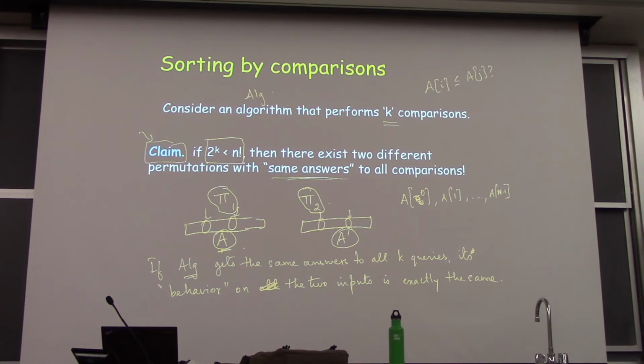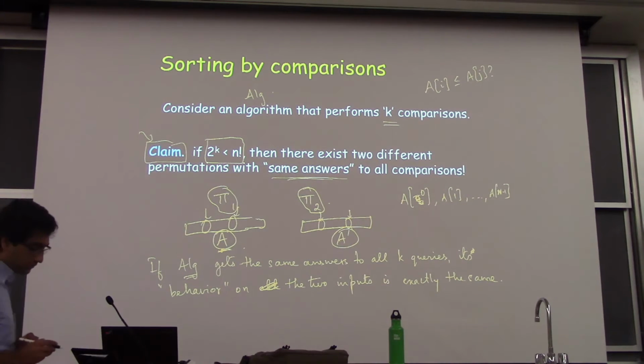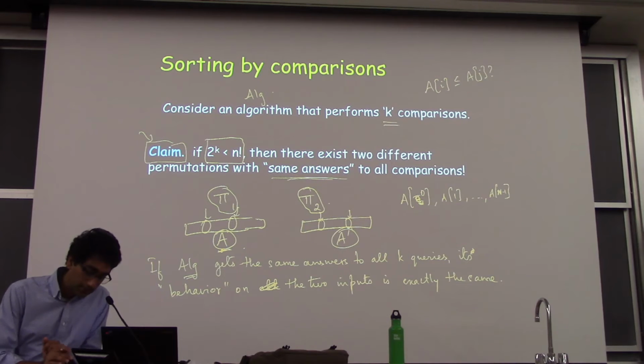Another way of saying this: if it makes only k comparisons, and 2 to the k is less than n factorial, then the algorithm has to be wrong on one of the arrays. So it can't be correct. So this implies the algorithm is incorrect.